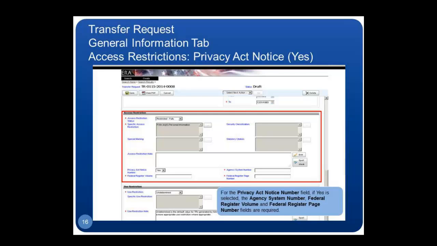You do not have to attach a copy of the notice itself. You just need to tell us what the notice number is and what its Federal Register volume and page number are. Again, those are free text fields.